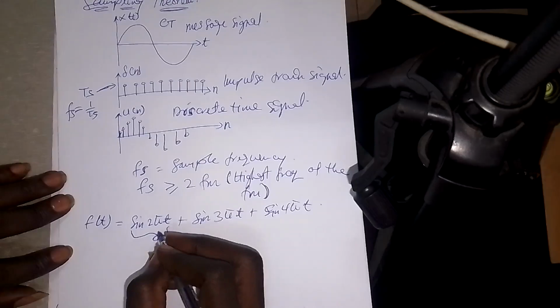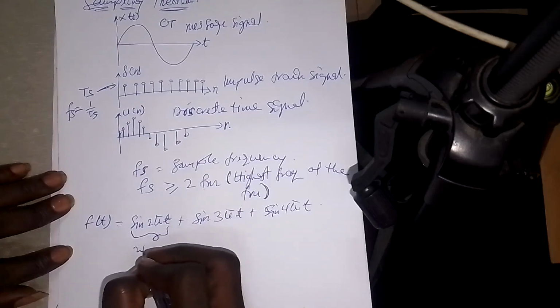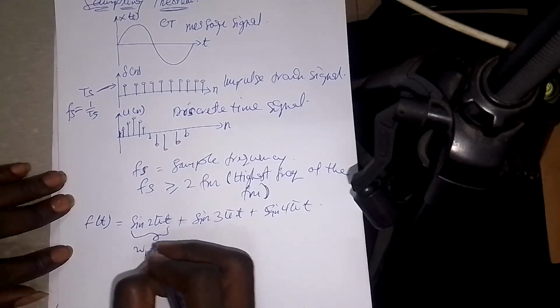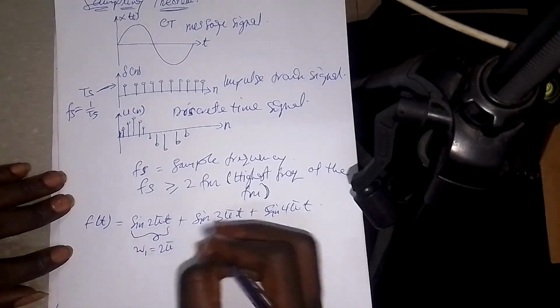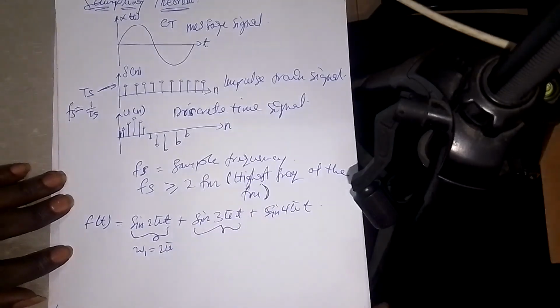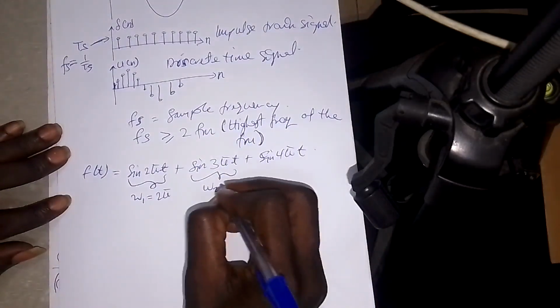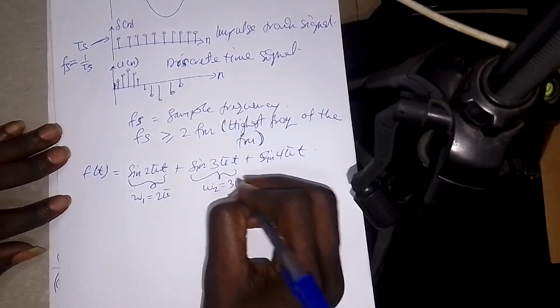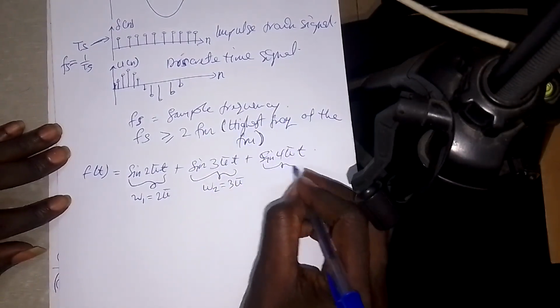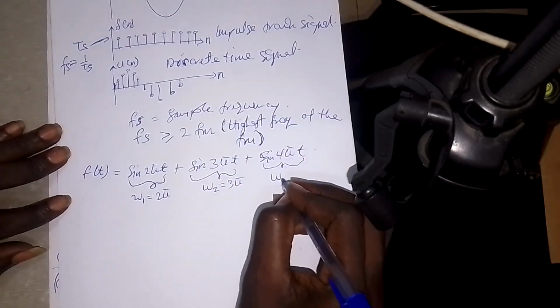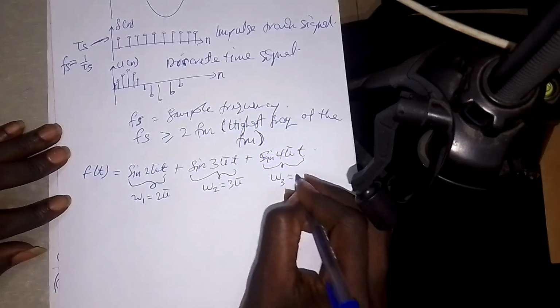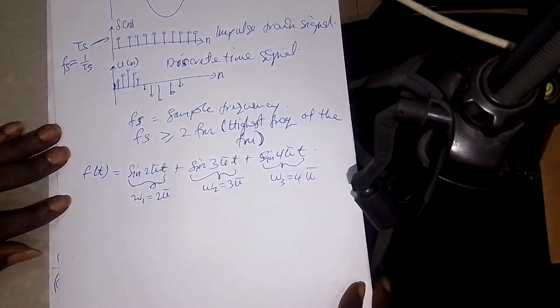Let's say omega 1 is equal to 2 pi, omega 2 is equal to 3 pi, and omega 3 is equal to 4 pi.